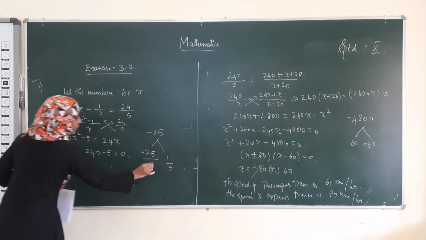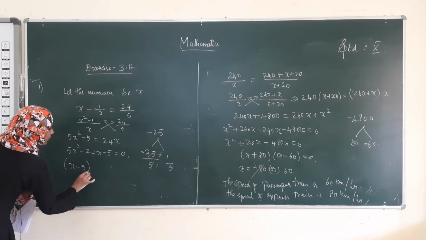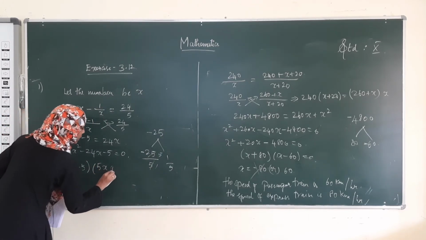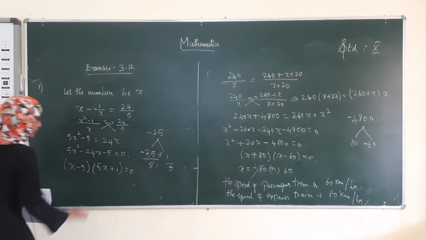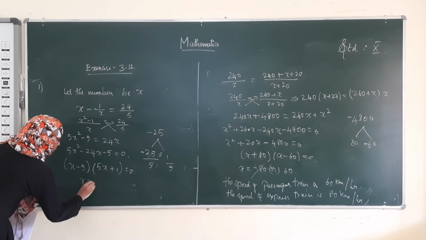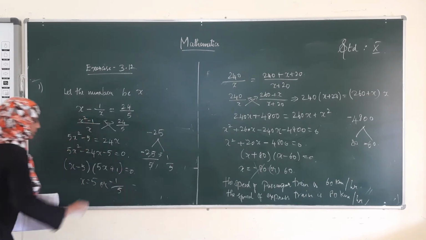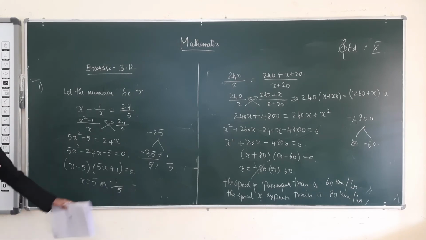So, what's the answer? This one is 1, 5. Therefore, x minus 5 and 5x plus 1 equal to 0. Okay. So, x should be 5 or minus 1 divided by 5.